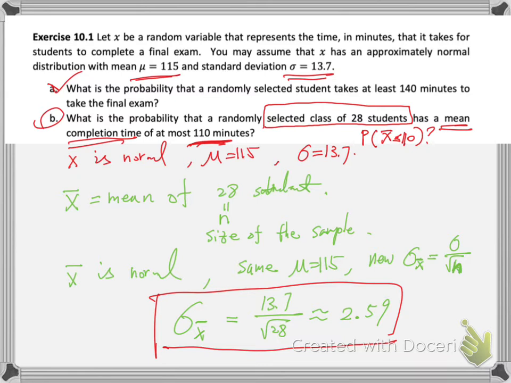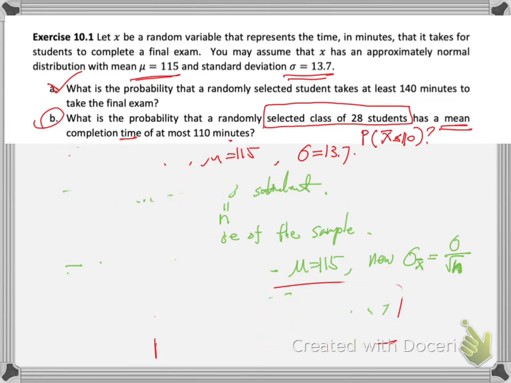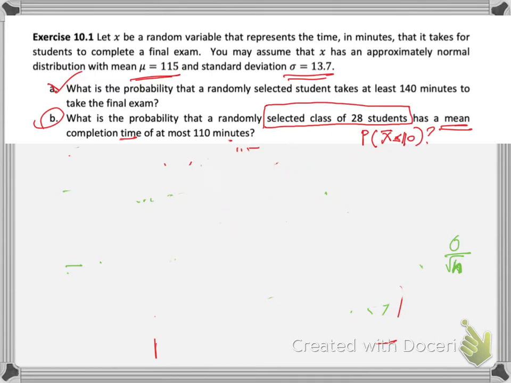So now let's change this x bar to z, right? So we will have exactly the same calculation as part A now, after you got the new sigma.